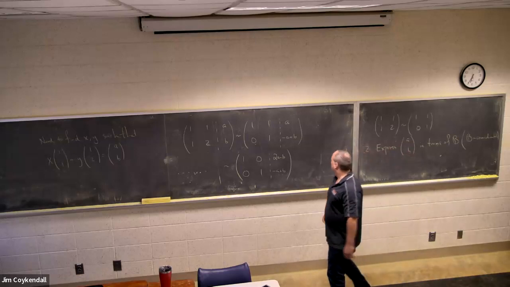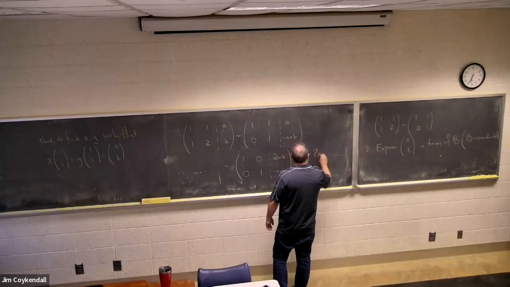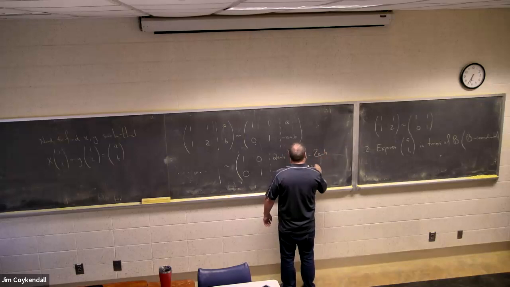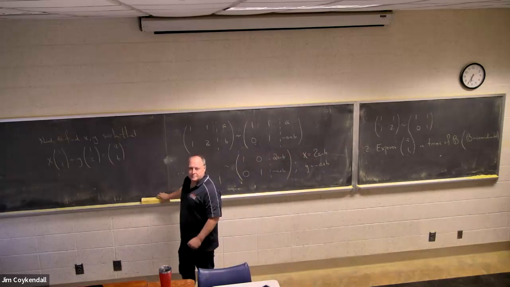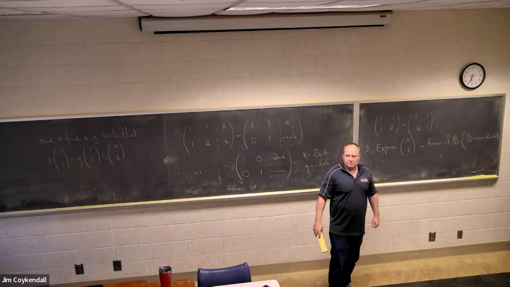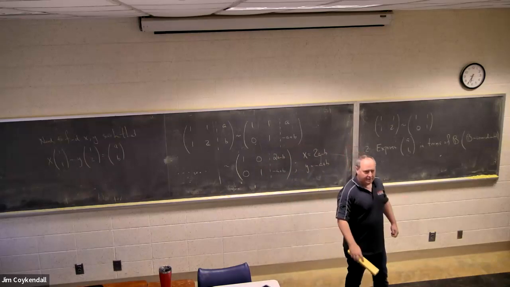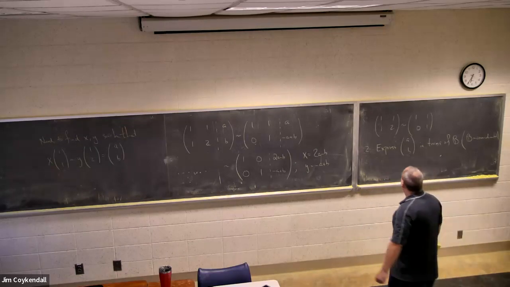So x should be 2a minus b. Is everybody okay with that? Since we have the luxury of time, this is a review session, check it.